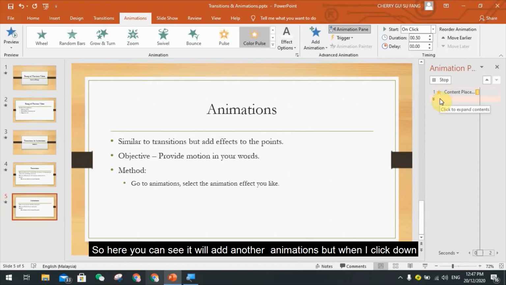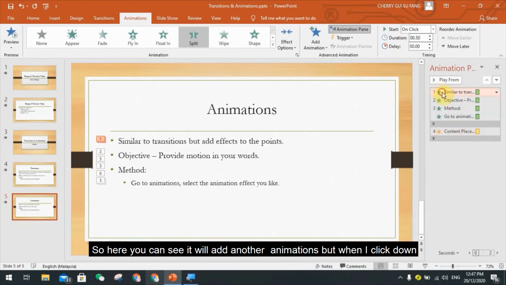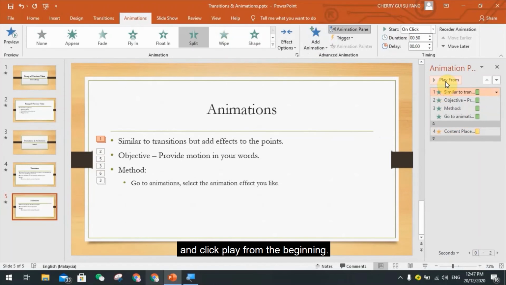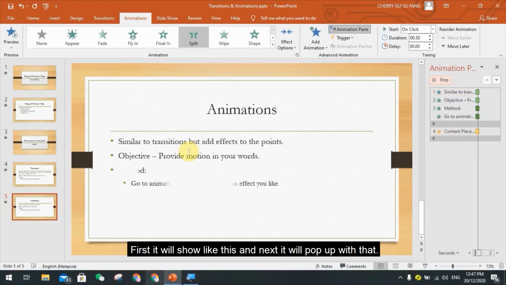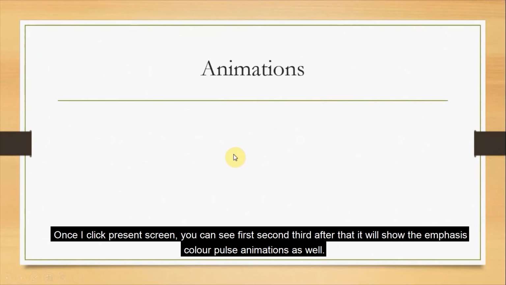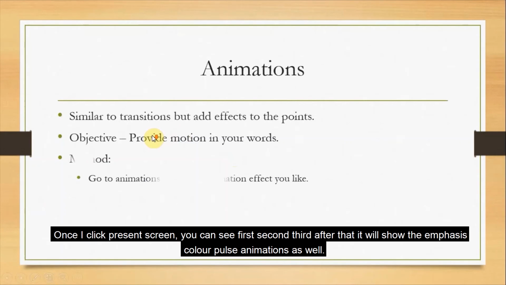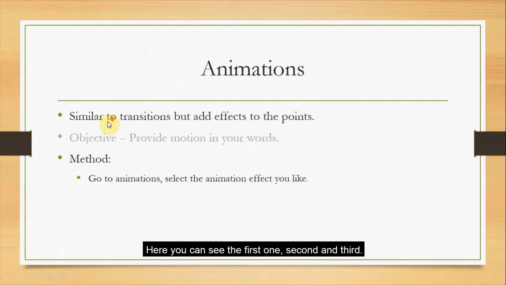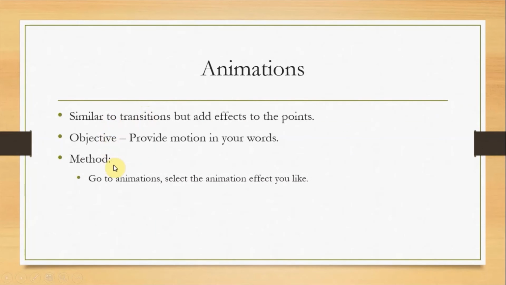So here you can see it will add another animation, but when I click down and click play from the beginning, first it will show like this, and next it will pop up with that. Once I click present screen, you can see first, second, third, and then after that it will show the emphasis color pulse animation as well. Here you can see the first one, second, and third.